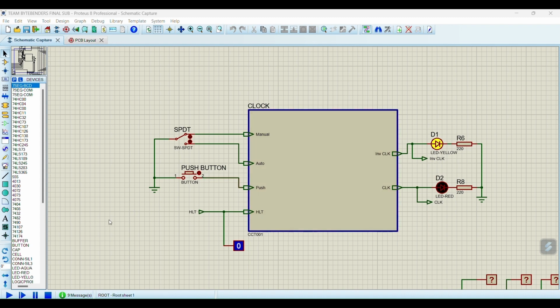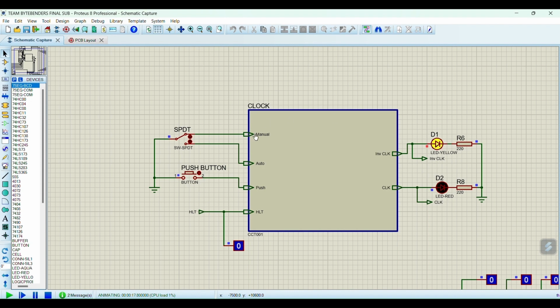If we run the clock pulse generator, we can see that the halt is in 0 and the SPDT switch is in manual mode. So we can use the push button as our trigger of manual mode. If we push the button, we can see that the state of our clock changed from inverse clock to clock, and if we push the button again, then the state of our clock pulse changed again.